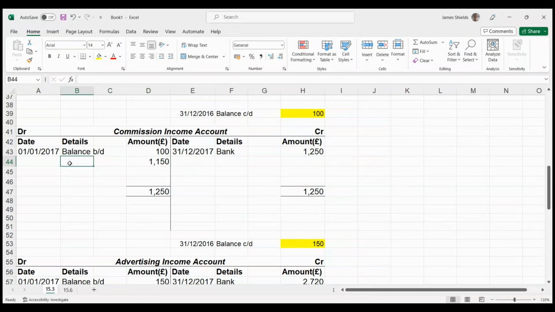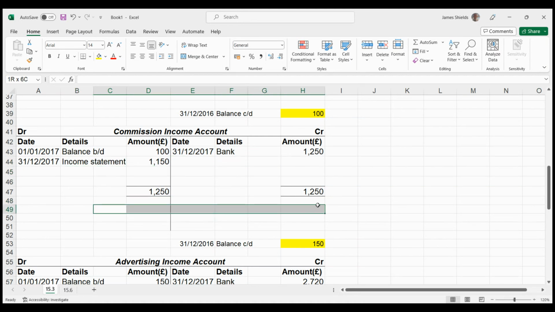Now that's what goes to your income statement. It's what you received during the year, less what related to last year, £100. So that's now going to be the 31st of December 17. Now we've got no balance carried down, so therefore we've got no balance brought down underneath. So that's your commission income account completed now.